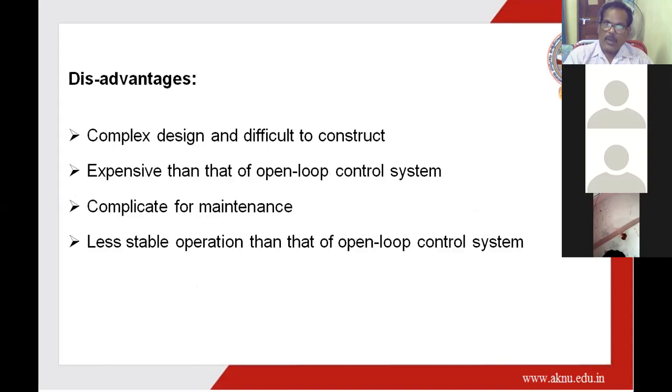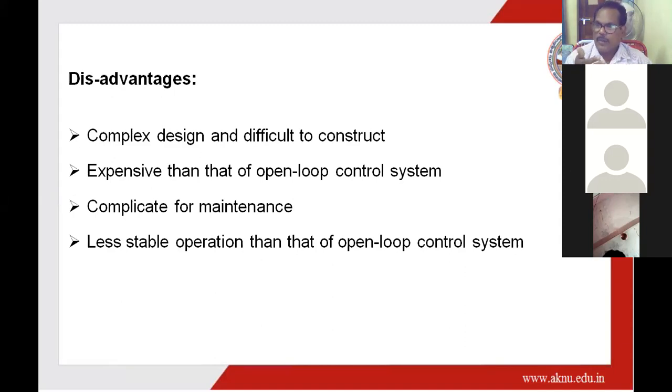Now, here also there are some disadvantages because we add one circuit or one element, that is a feedback element. To design that feedback element is difficult. Therefore, we increase the number of elements in the system, so the system may be complex. The open loop system is simple in construction because there is no additional component.